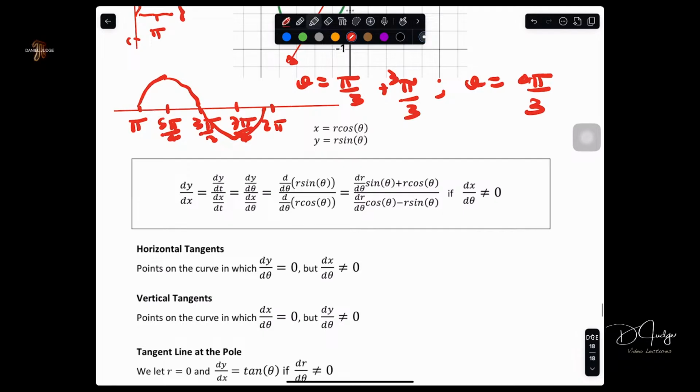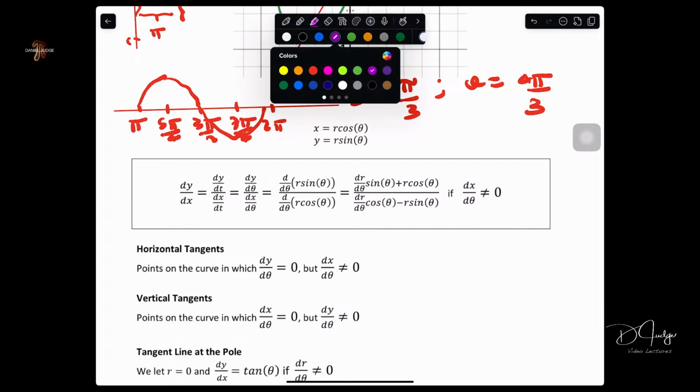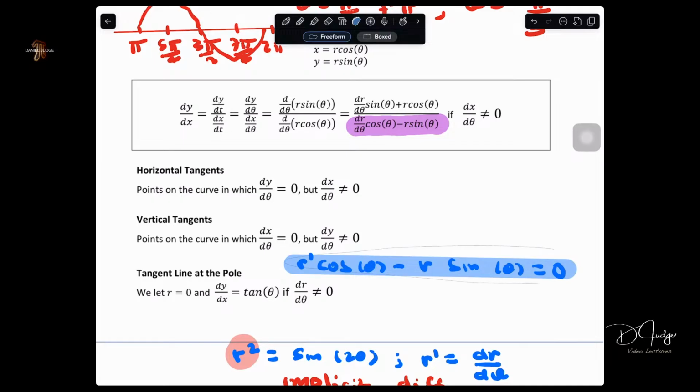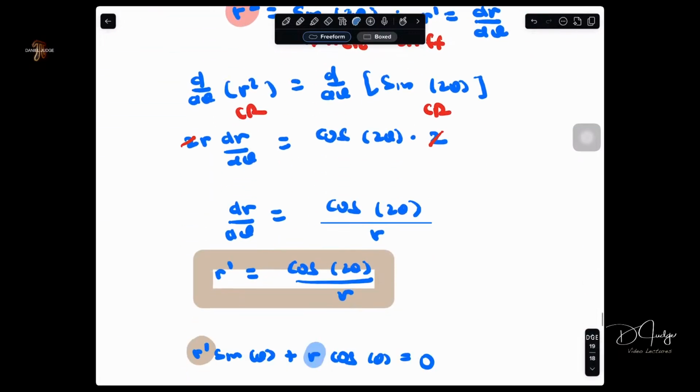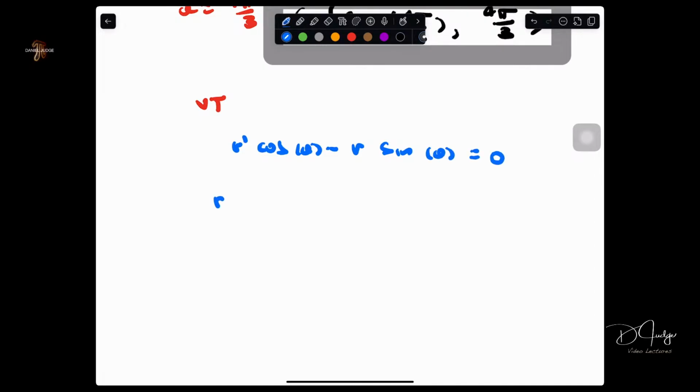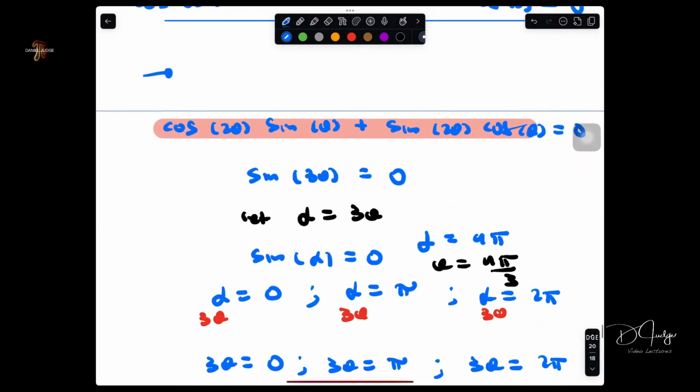Go back again, but this time for vertical tangents, you're going to look at the equation down here: r prime cosine theta minus r sine theta equals 0. I'll just write it down.